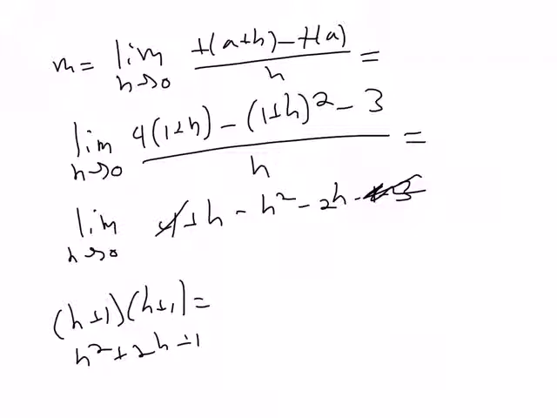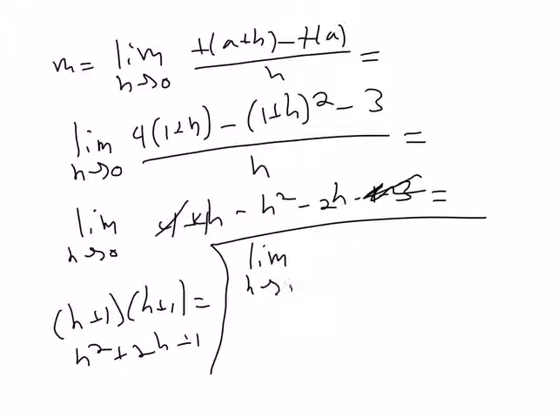And then over here we have 4h, so we have 4h minus 2h, so this is equal to the limit as h goes to 0 of negative h squared plus 2h over h.